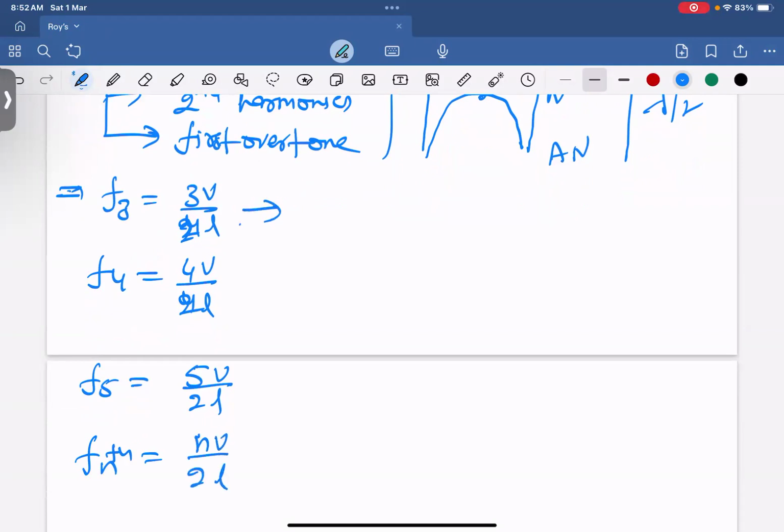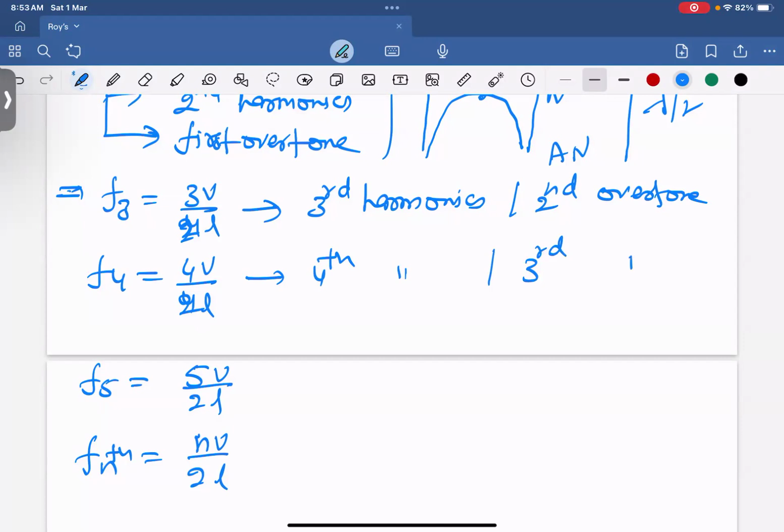This is 3 times the fundamental, so it is called the third harmonic, and also the second overtone. This is the fourth harmonic and the third overtone. Here it is the fifth harmonic and the fourth overtone. Similarly, this would be called the nth harmonic, and the (n minus 1)th overtone.